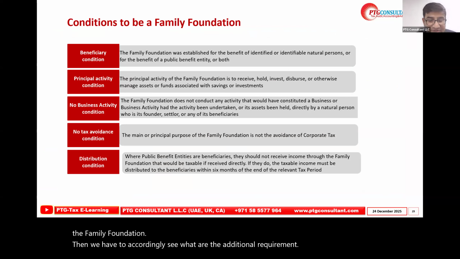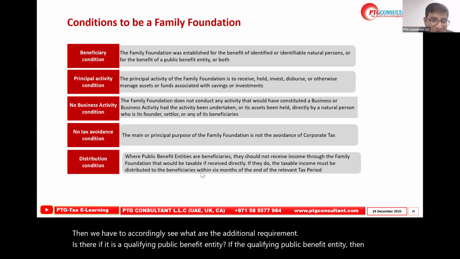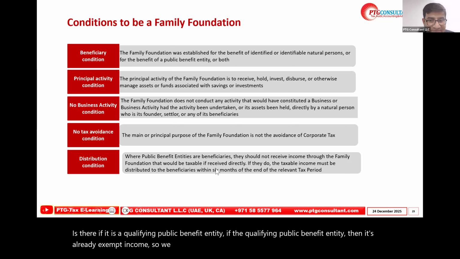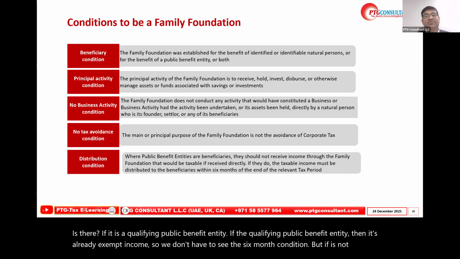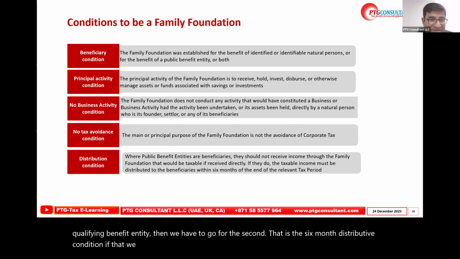If it is a qualifying public benefit entity, then it is already exempt income, so we don't have to see the 6-month condition. But if it is not a qualifying public benefit entity, then we have to go for the second, that is the 6-month distributive condition. If we meet that, again, we remain meeting the criteria.